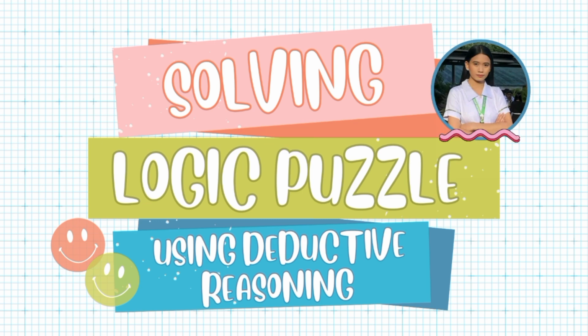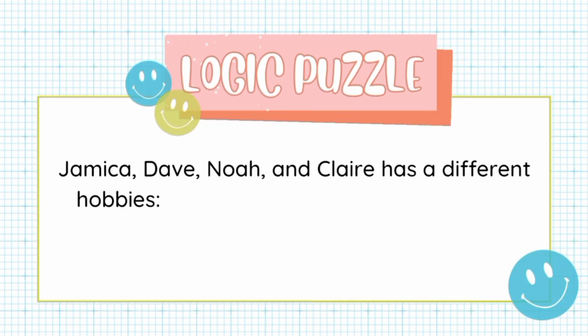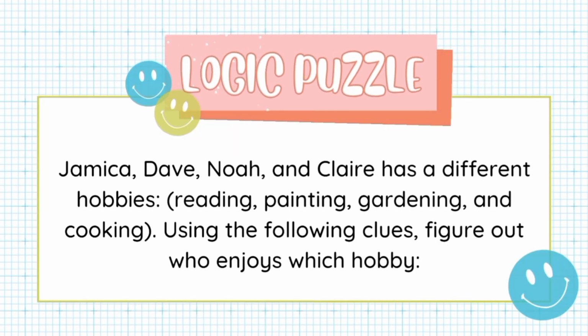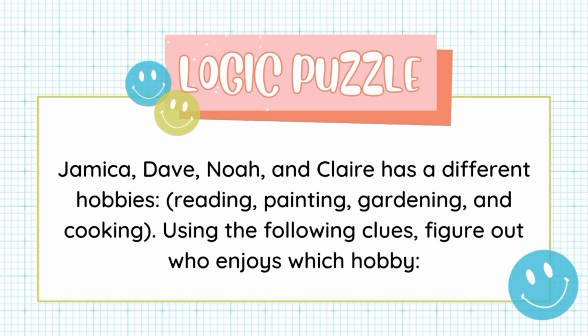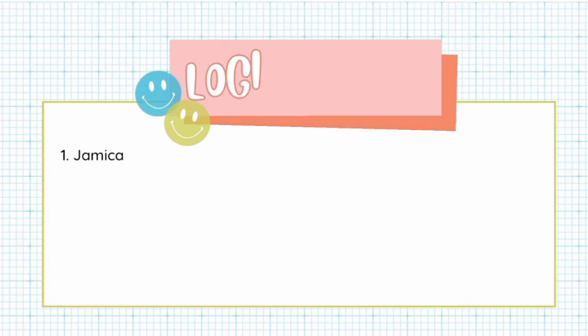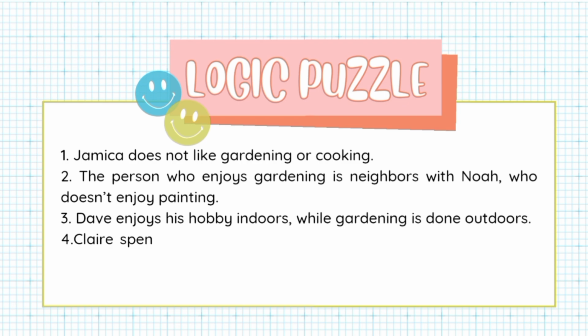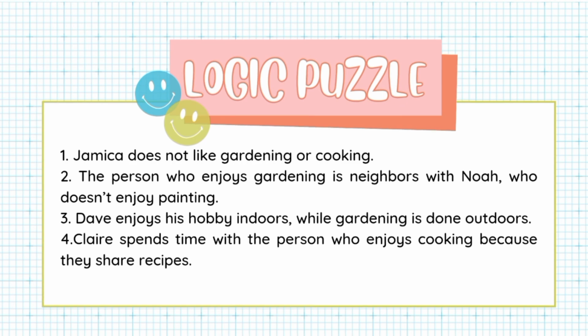Today, we're solving a fun logic puzzle about who enjoys which hobby. Jamaica, Dave, Noah, and Claire have different hobbies: reading, painting, gardening, and cooking. Using the following clues, we need to figure out who enjoys which hobby. The first clue is Jamaica does not like gardening or cooking.